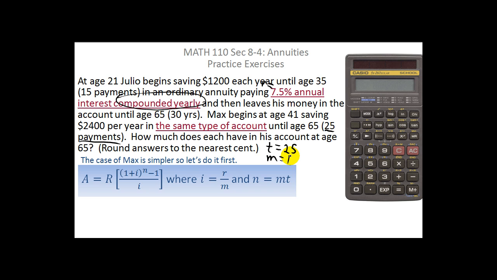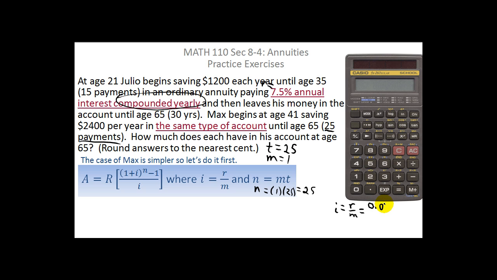Now, given that information, I know that N is equal to 1 times 25. So N is 25. In other words, that essentially gave us N, 25 payments. N is the number of payments over the entire life of the loan. The interest rate, I, is calculated using the formula R over M. And since the interest rate is 7.5%, I want to change it to a decimal by moving the decimal place 2 places to the left.